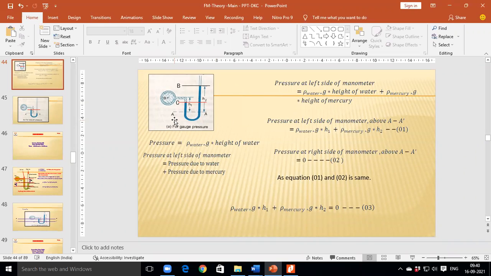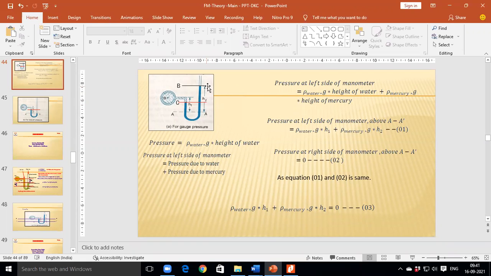A dash is the lower level of mercury. Is this line passing through the lower level of mercury? This A dash? No, sir. No, it means this is not the datum line. Line C, is it passing through the lower level of mercury? Yes, sir.